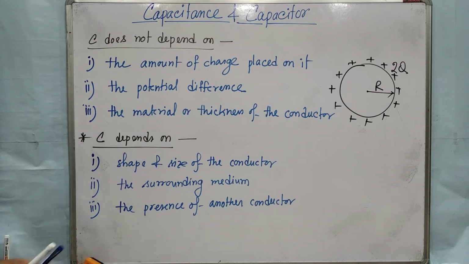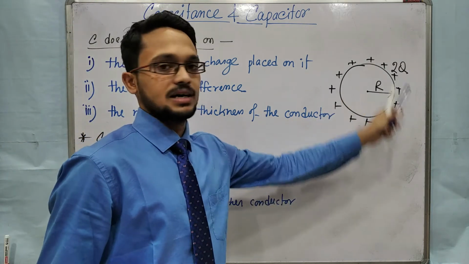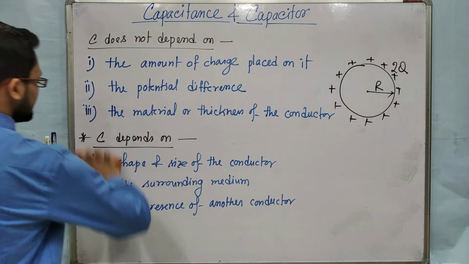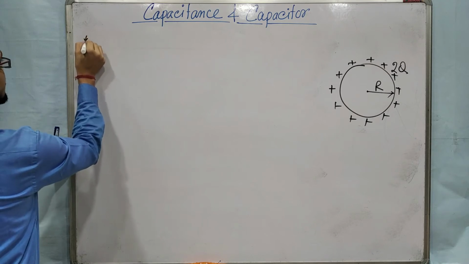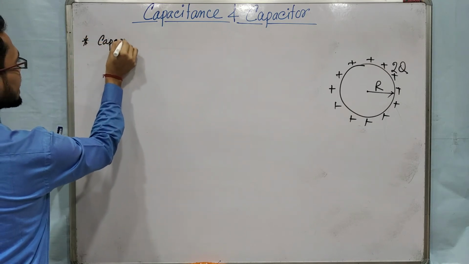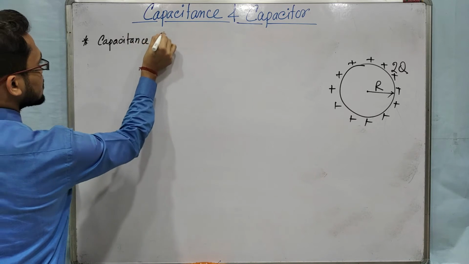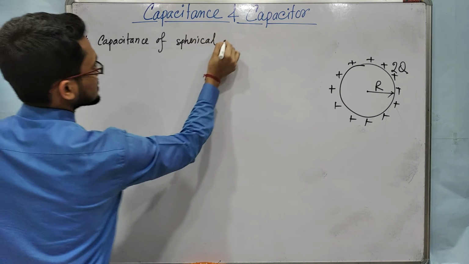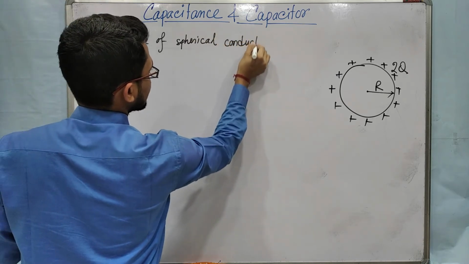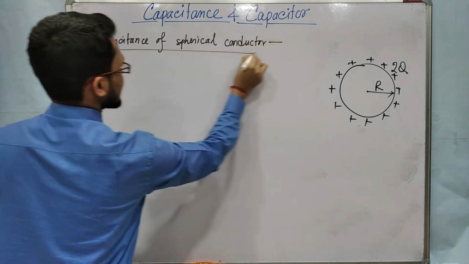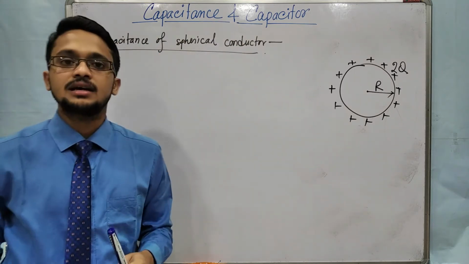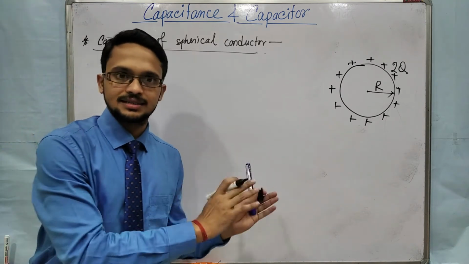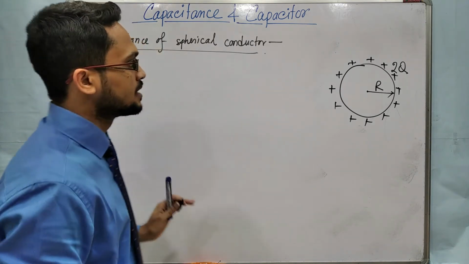Now come to the capacitance of a spherical conductor. I am erasing this part. Next point, capacitance of a spherical conductor. How will you derive it? Just a two or three line derivation, very easy.